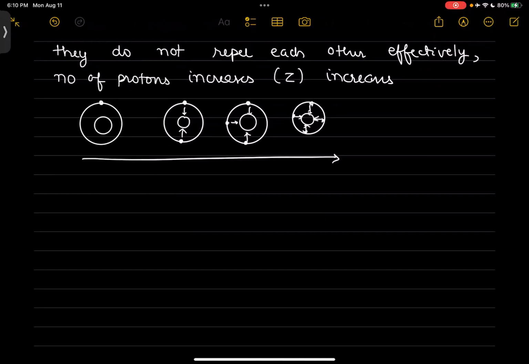Next, suppose you move down the group. What happens to the size as you move down a group? Variation of size.